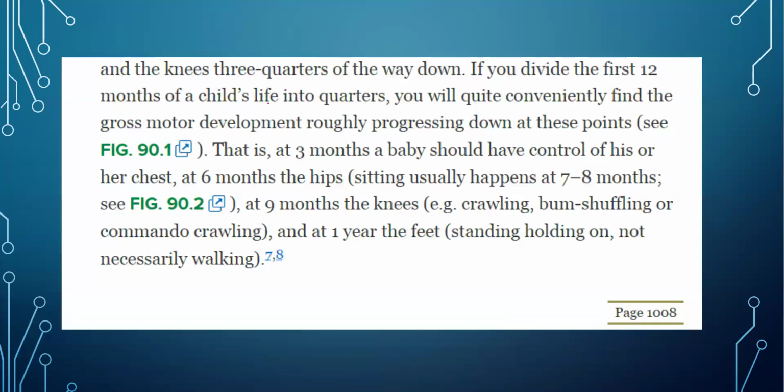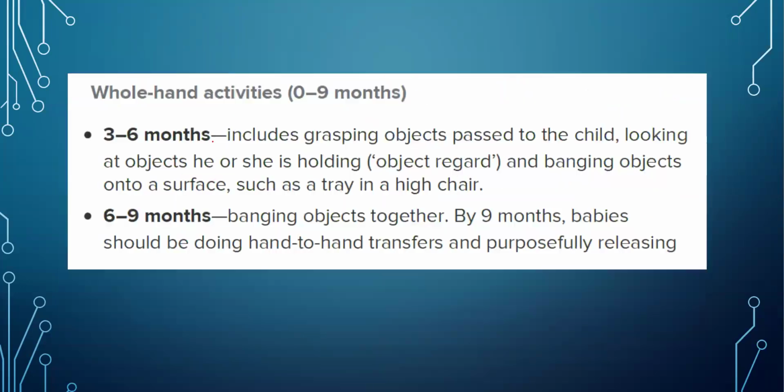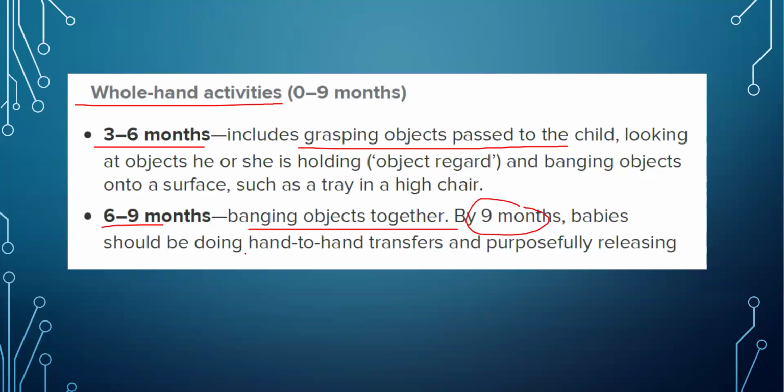So they have also given some other things, like you can see the whole hand activities. So 3 to 6 months, child starts to have grasping object. 6 to 9 months, banging the objects together. By 9 months, babies should be doing hand-to-hand transfer.